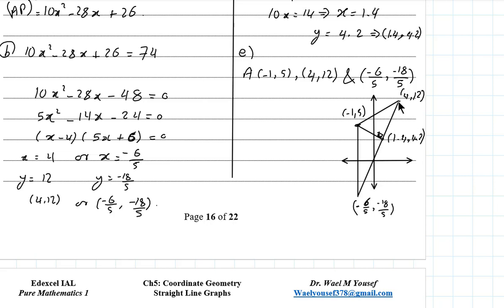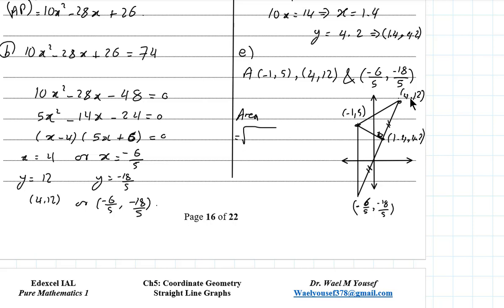So we can say half base times height. I will say this is the half base, and this is the height. I will use the distance formula to find the distance between these 2 points as the half of the base, because this distance is the same as this distance. And also I will use the distance formula to find this distance to be the height.